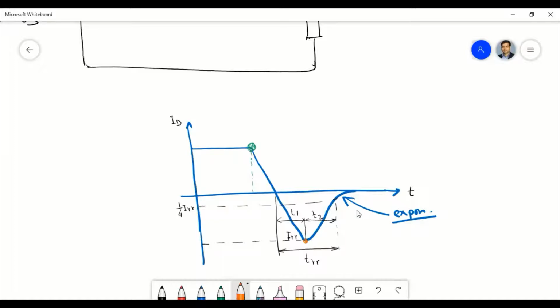Once all the excess carriers are removed from this drift region, then the device becomes reverse biased. So after the current crosses 0, it takes T1 time more to become free from the excess charge in that drift region.